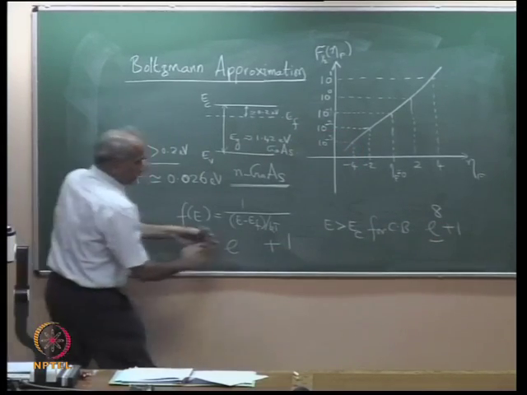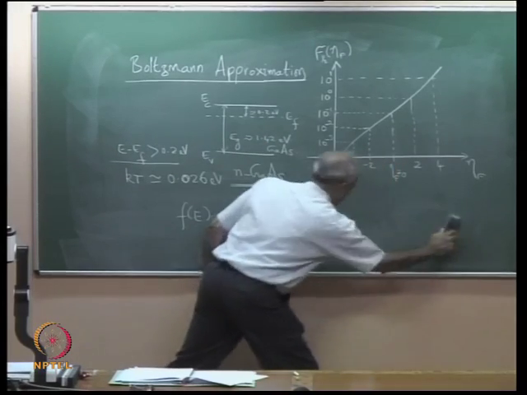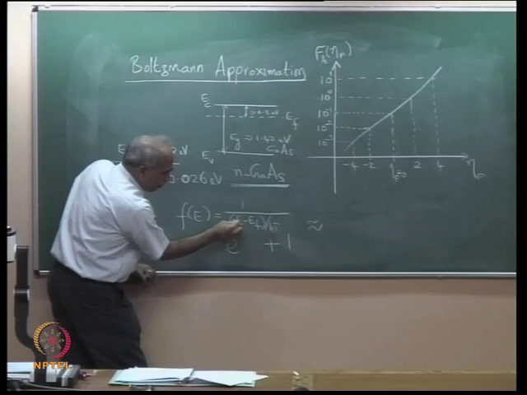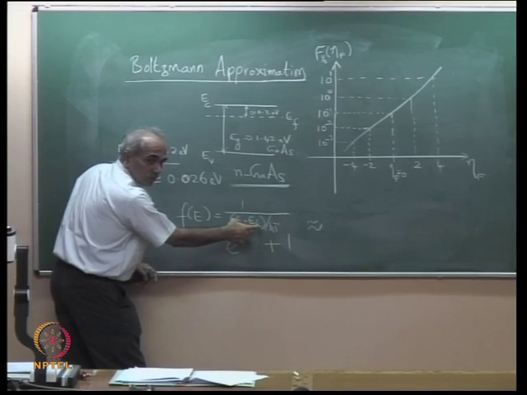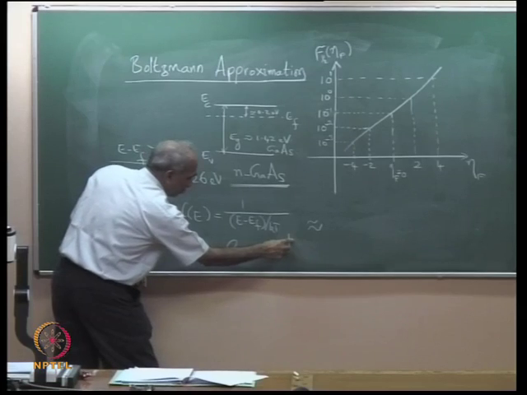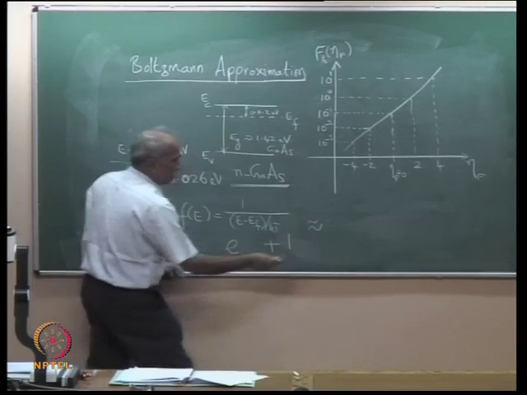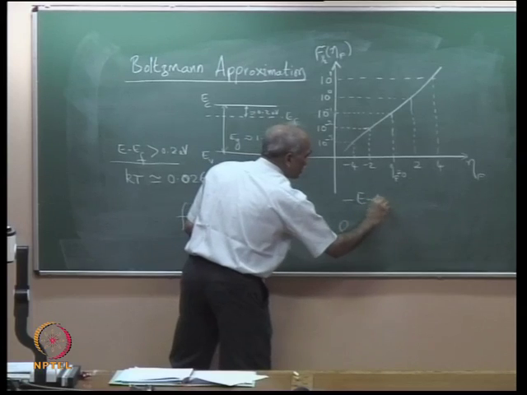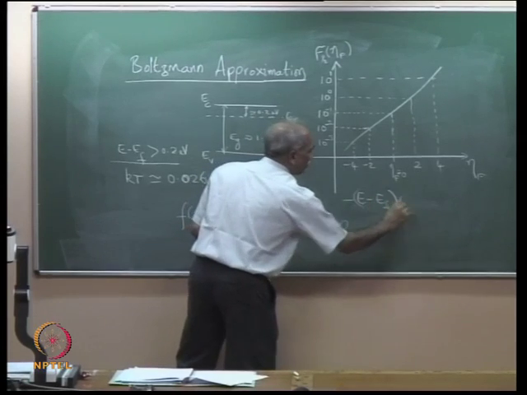And therefore, for E minus EF much greater than KT, I can neglect 1 in comparison with this, and I can write this as e to the power minus (E minus EF) by KT.